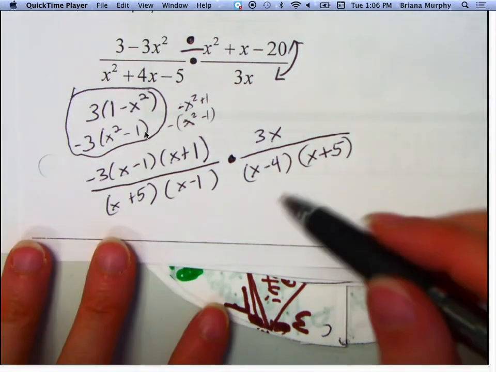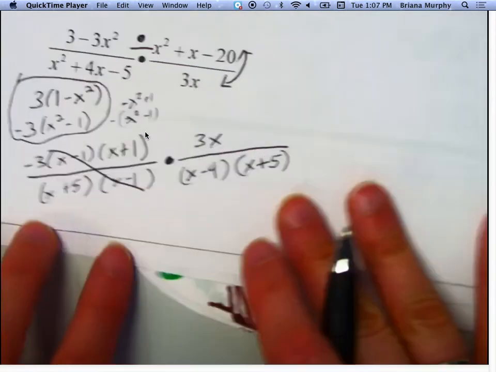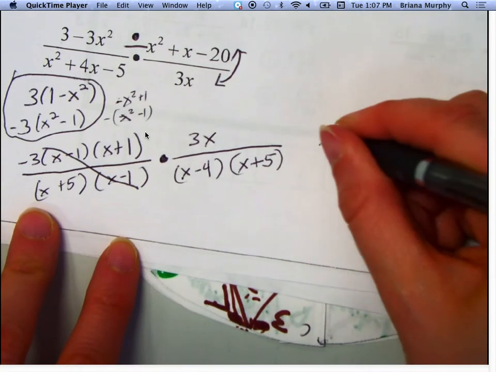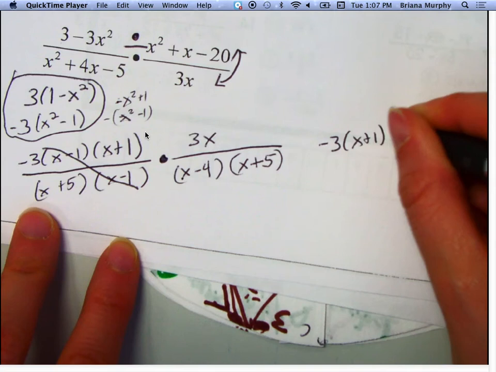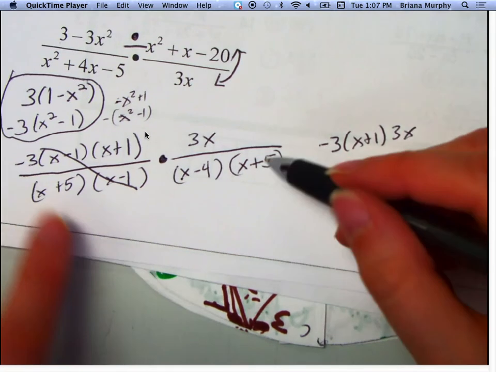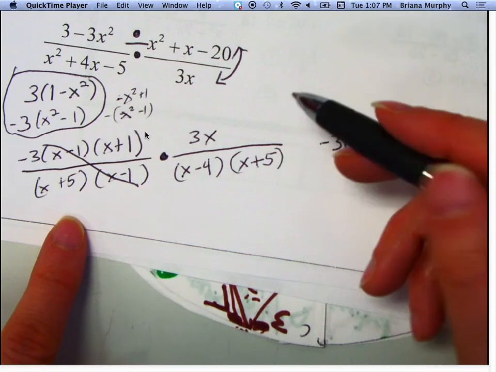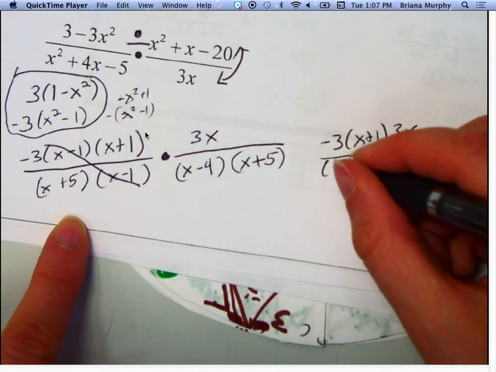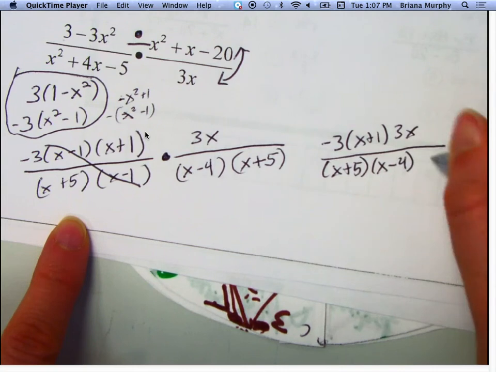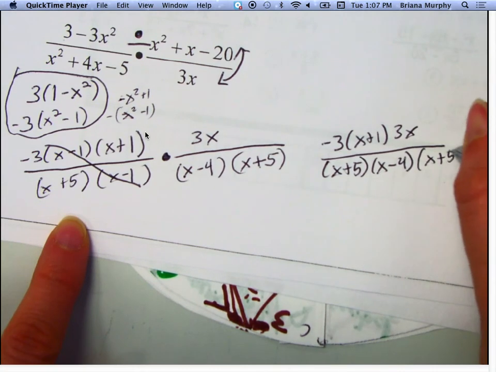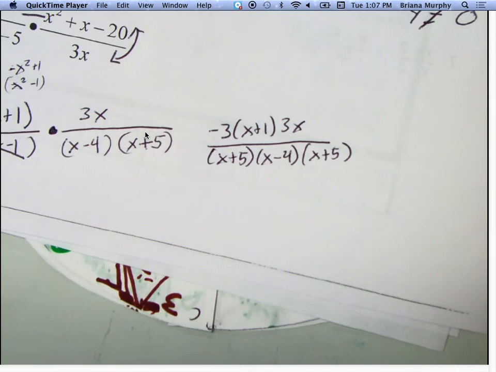All right, so I'm going to cancel x minus 1 and x minus 1. That's the only thing I can cancel, and then I'm going to get negative 3 times x plus 1 times 3x. You can't cancel those because they're not on top and bottom, so you have to keep both of them, all over x plus 5 times x minus 4 times x plus 5. I would then simplify the top.